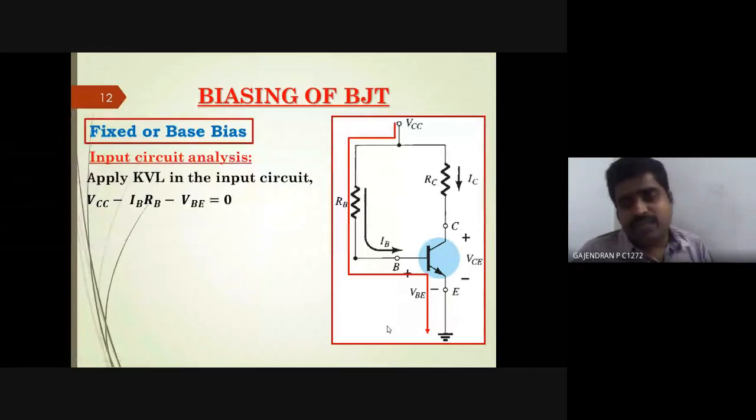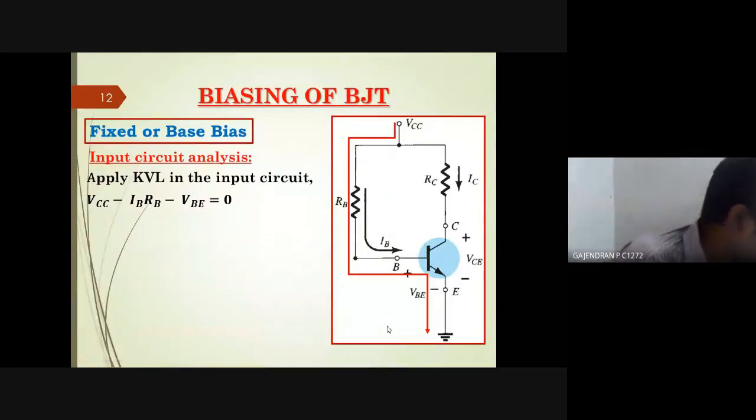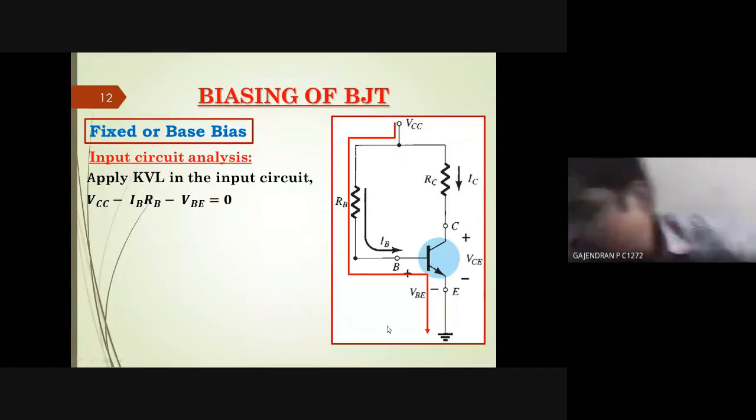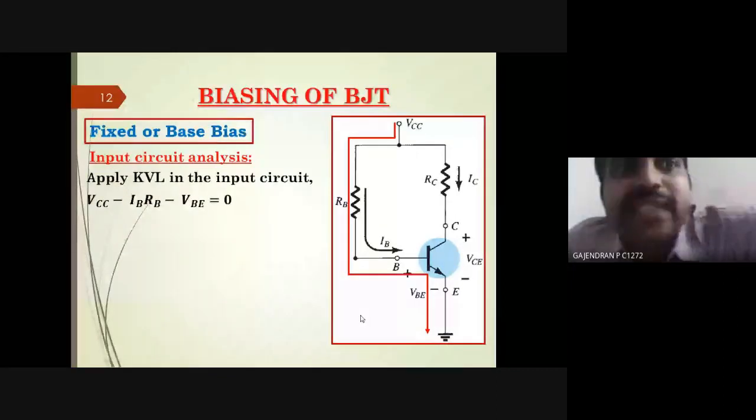Please take down the things available in front of you and say yes if you have finished. Don't be lazy to take the circuit diagrams.